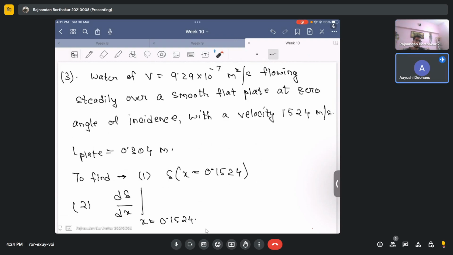Yeah, we can use the Blasius solution, or any of the momentum integral approaches. The result more or less will not differ. Since they have not specified a method, you can just use the Blasius solution because that is a well-known solution.